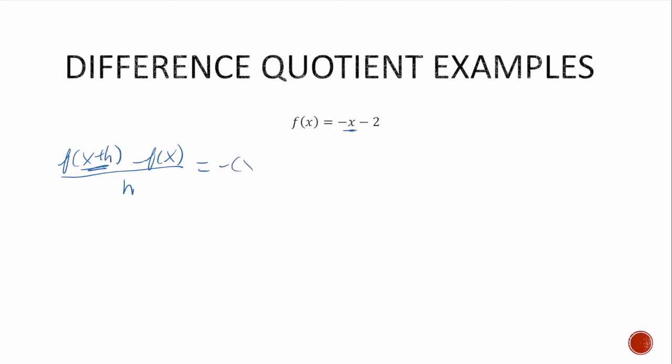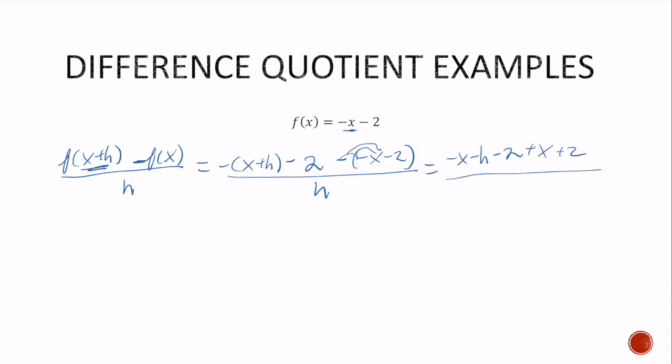So I have negative (x plus h) minus 2 minus f of x, which is negative x minus 2, all over h. That gives me negative x minus h minus 2 plus x plus 2, all over h. So I get that negative h over h equals negative 1.